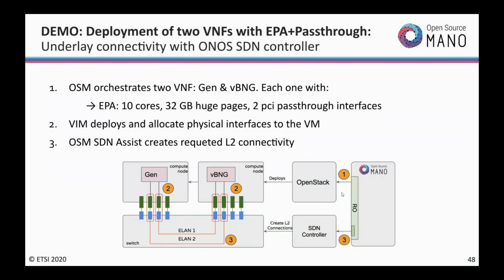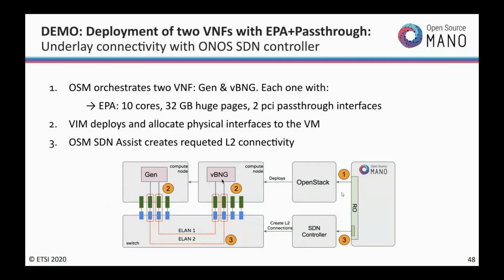Okay, so what I'm going to deploy, as this presentation shows, is two VNFs. One is a generator, another is a virtual VNG. These are two VNFs that incorporate host platform awareness.